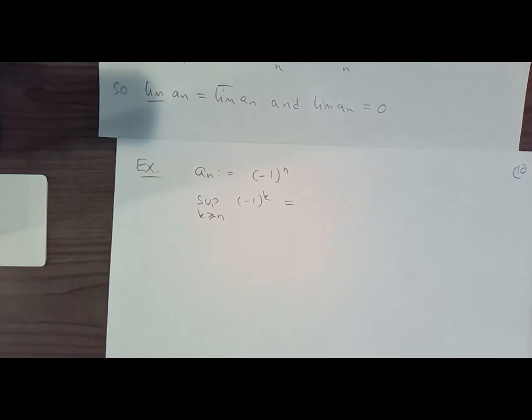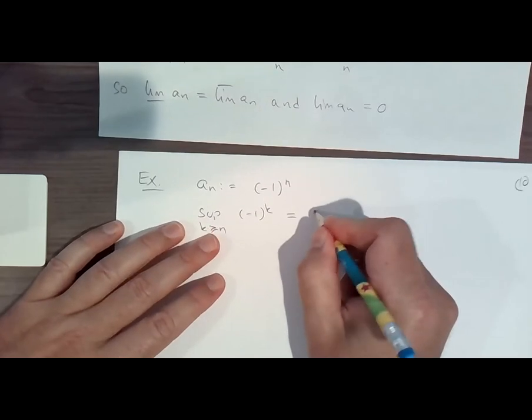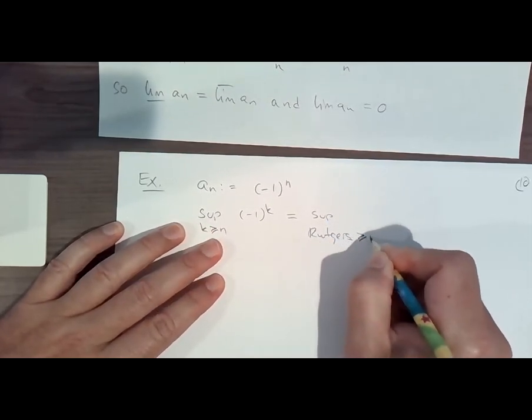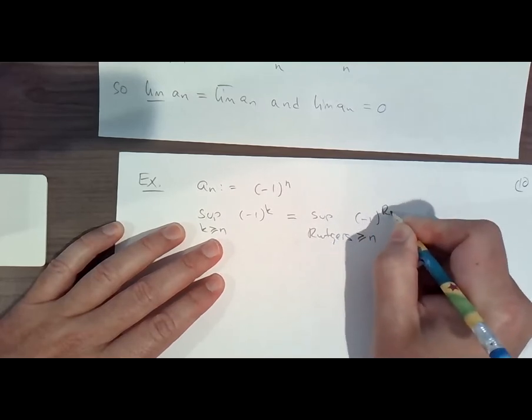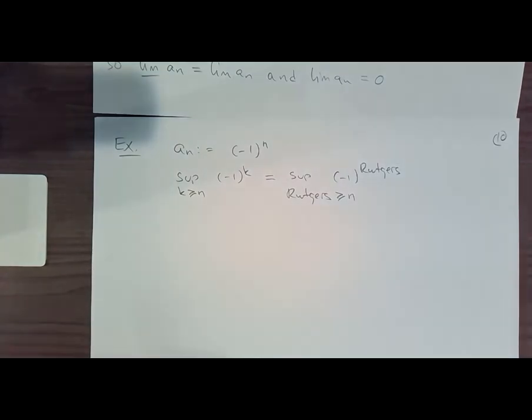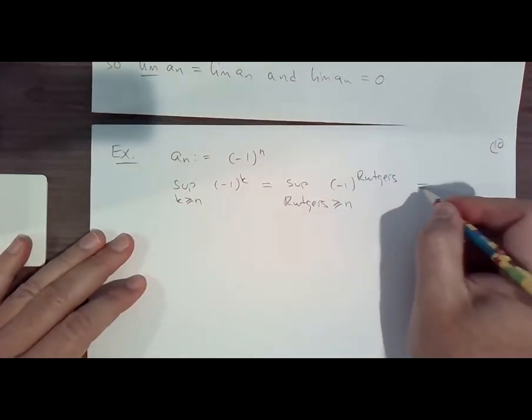K doesn't have a meaning here. K is just a variable I use to describe the problem. What will I get for the supremum? That's right, I'm going to get 1.